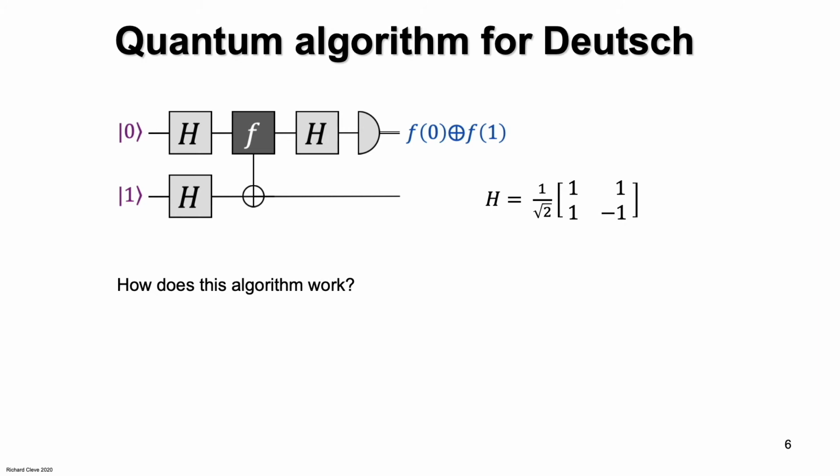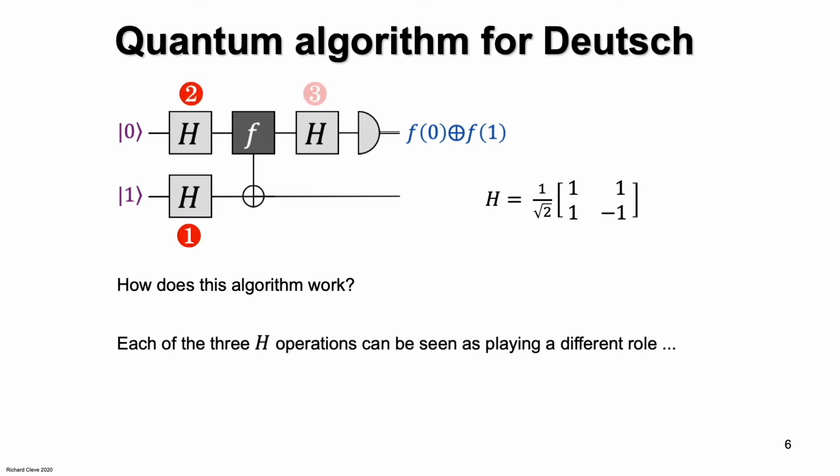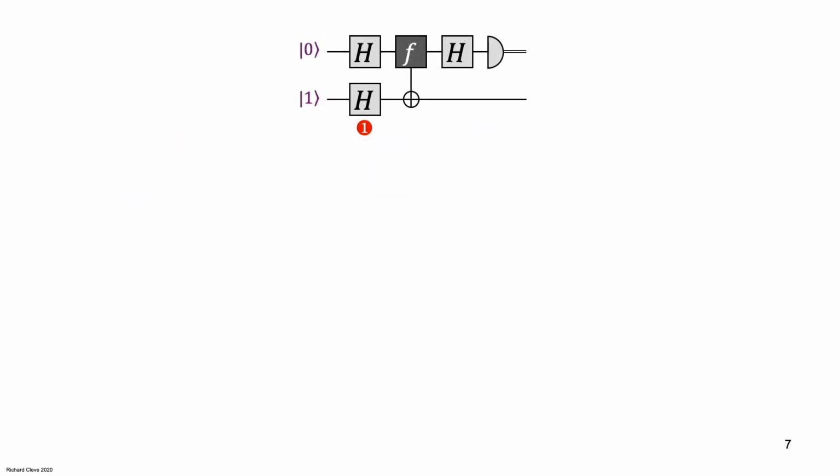Returning to this circuit, there are three Hadamard transforms, and each one plays a different role in the computation. Let's look at how each Hadamard contributes to the computation. First, there is the Hadamard applied to the second qubit in state ket 1. Obviously, this creates the ket minus state.